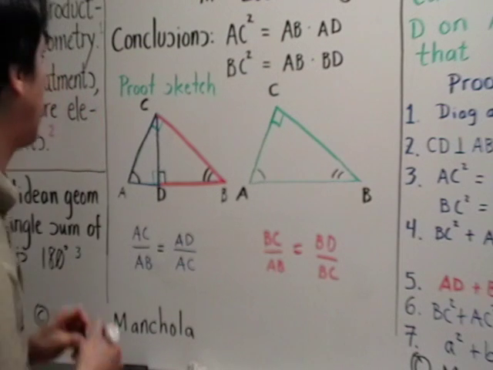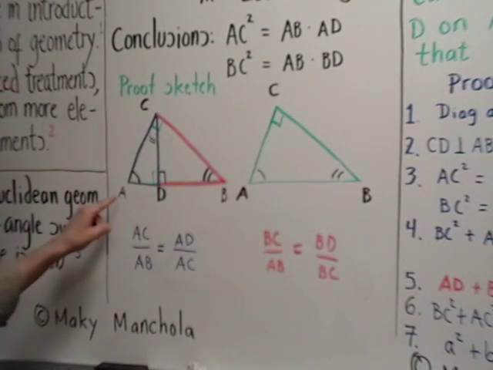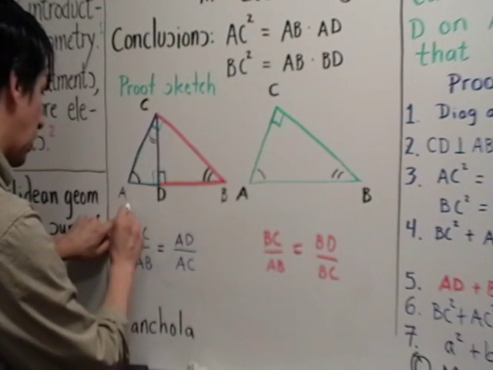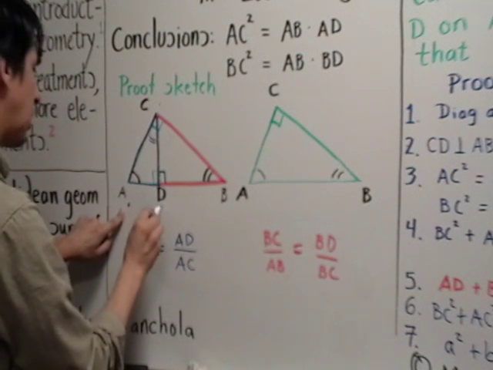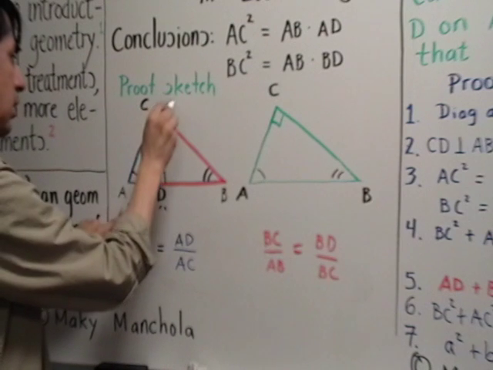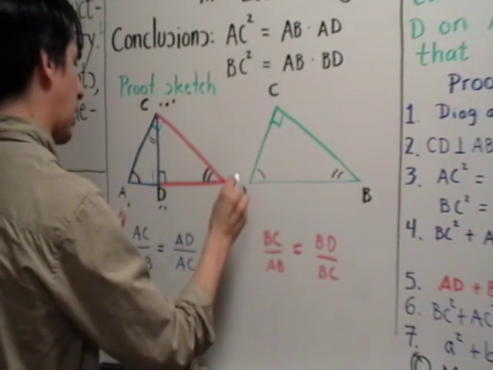So that makes our two triangles similar. So triangle ADC is similar to triangle ACB.